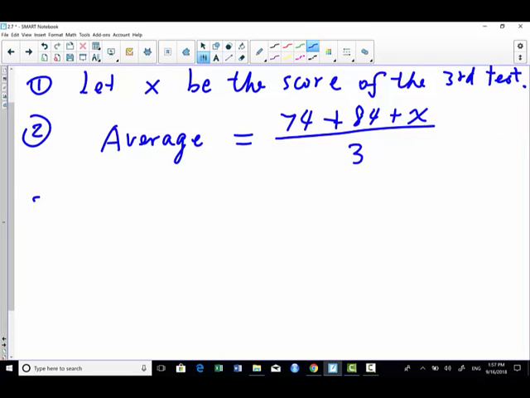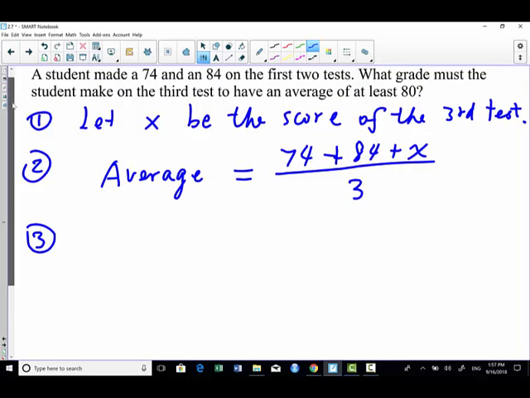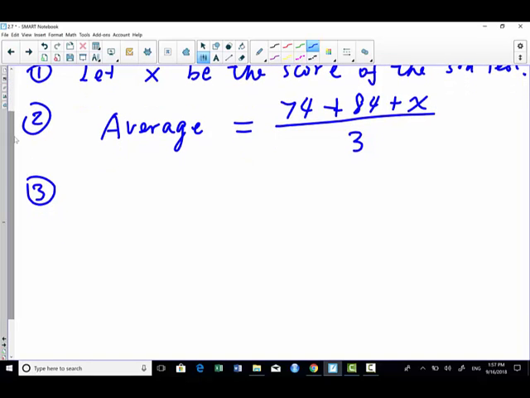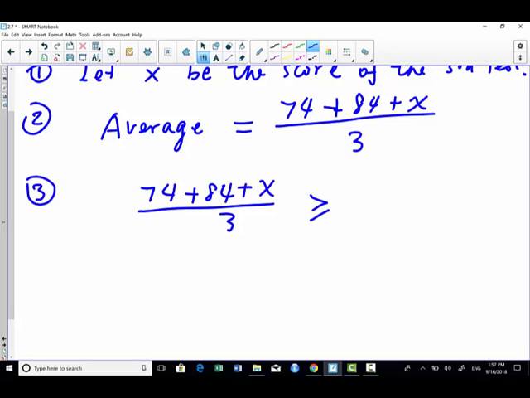And the third step, you can actually write out the inequality using certain rules of common sense. And in this case, the condition is the average will be 80 or higher. So our inequality will be 74 plus 84 plus x, over 3, greater than or equal to 80.